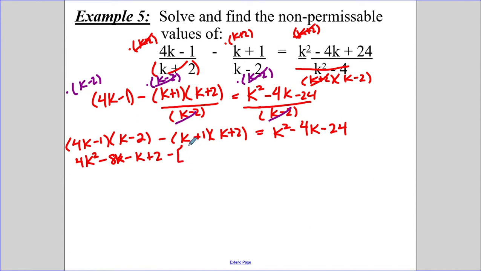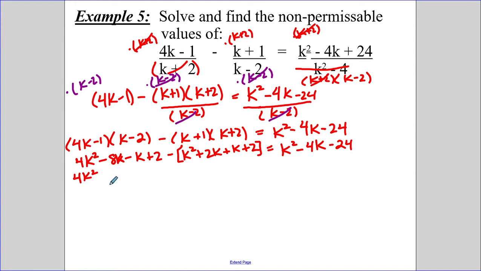Minus, I'm going to expand this bracket out first and then multiply the negative through. So k squared plus 2k plus 1k plus 2, right? First, and then outside terms 2k, inside terms k, last term 2. And then k squared minus 4k minus 24. Now I'm going to combine where I can.